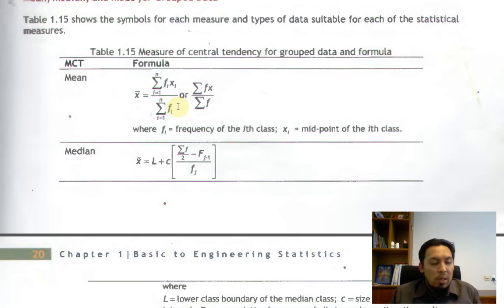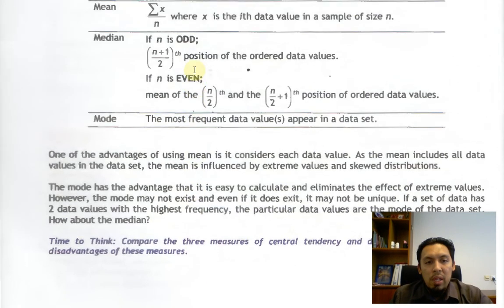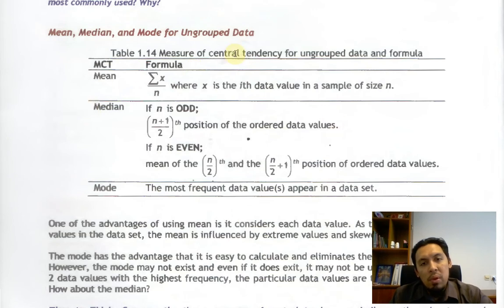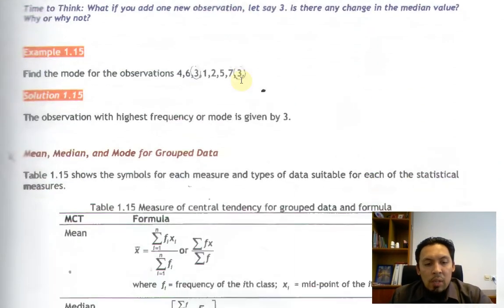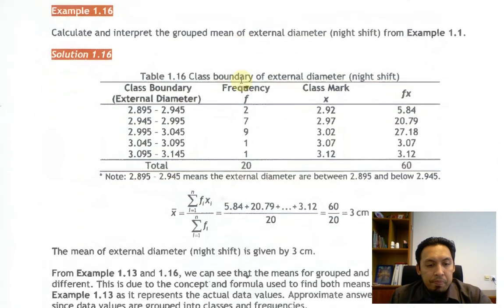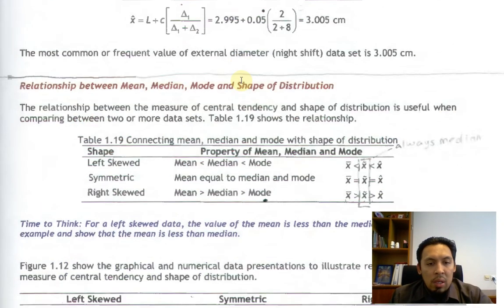If you are using raw data, then you will just use the MCT for ungrouped data, the first one here. Okay, but again, all of this will be calculated by software. So what you need to know more is how to interpret its value. Okay, so that is on MCT. I think that's it for MCT.